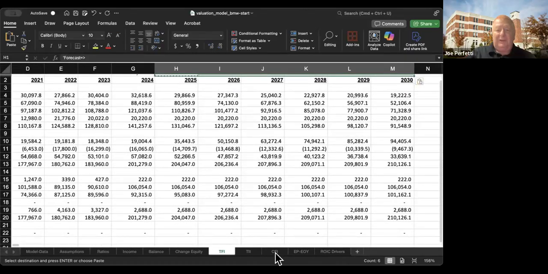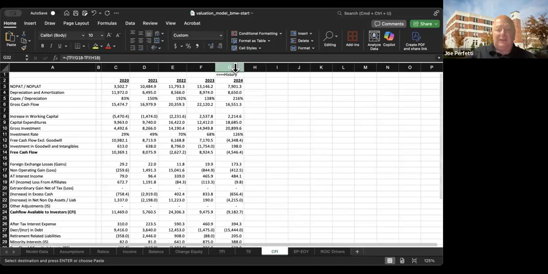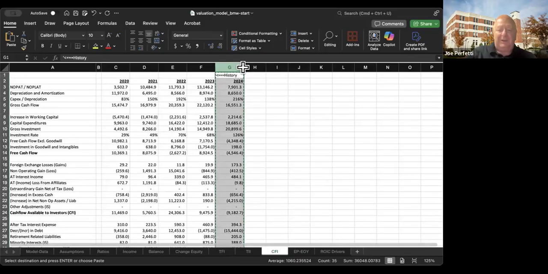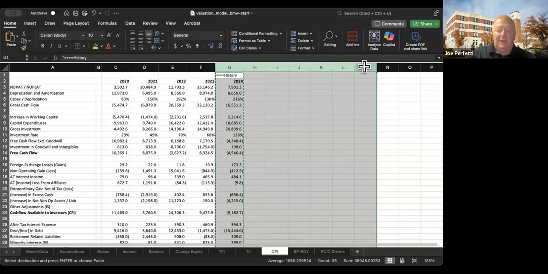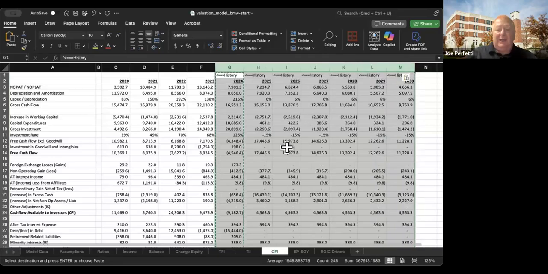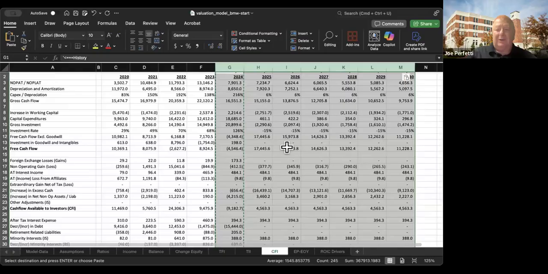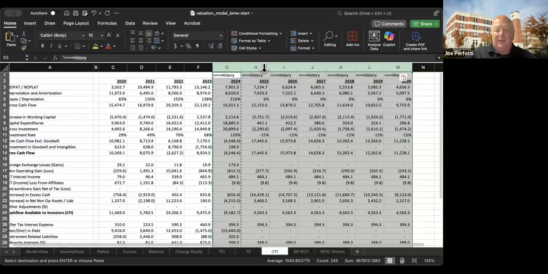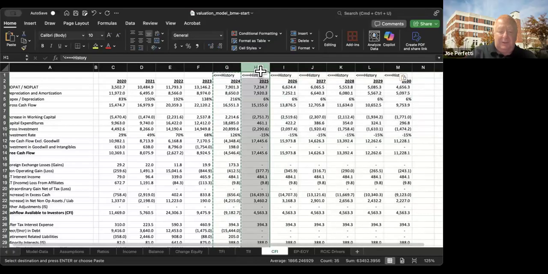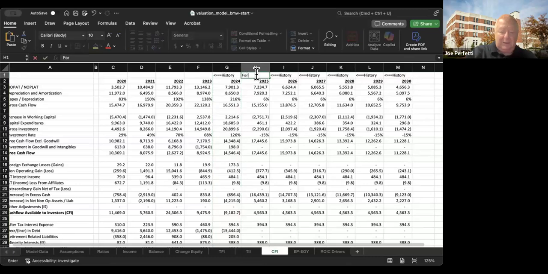And more importantly, if we go to our CFI, I could take column G, copy it, go to column M, paste it. I now have 6 years of balancing CFIs going through 2030 for BMW. And again, starting in 2025, this is the forecast.